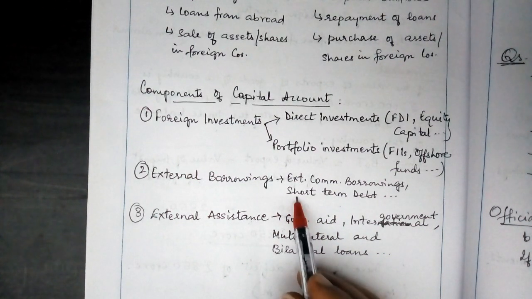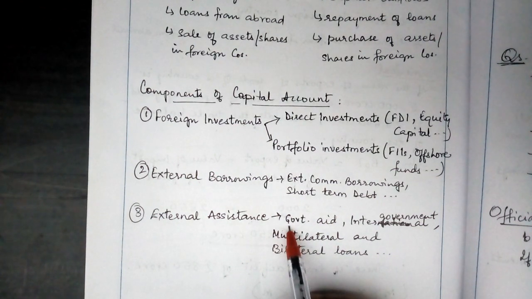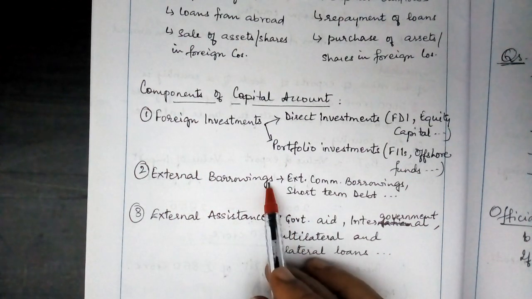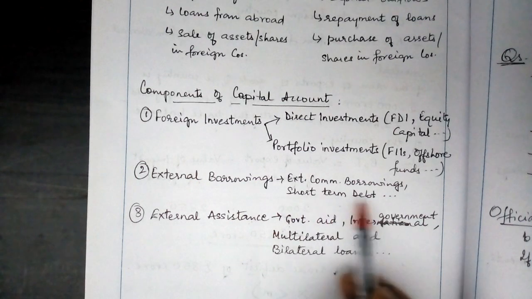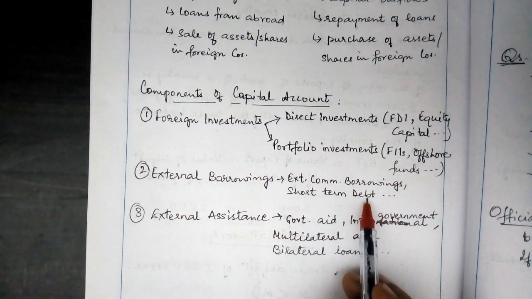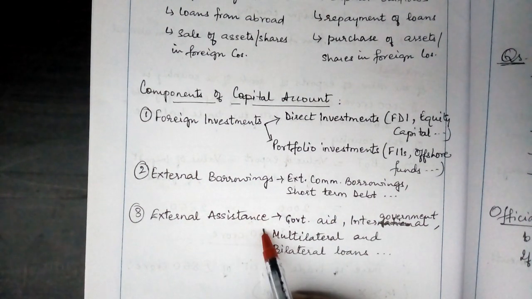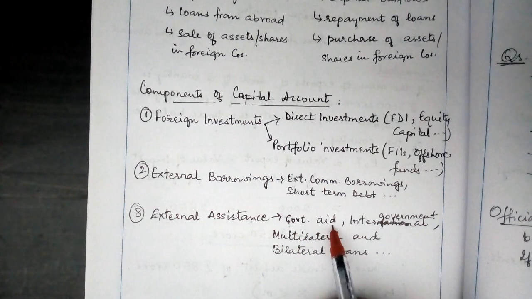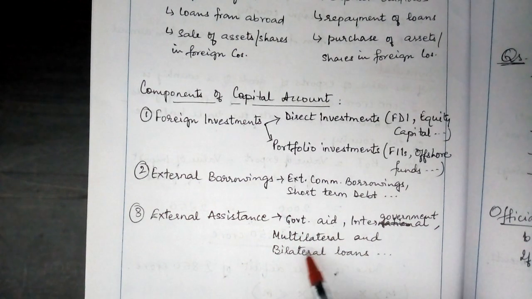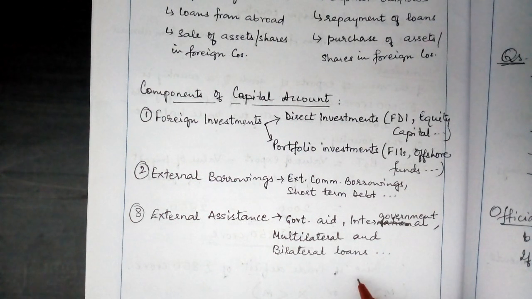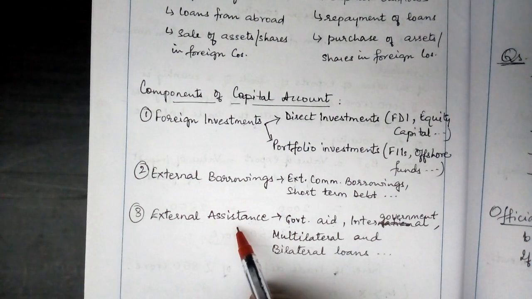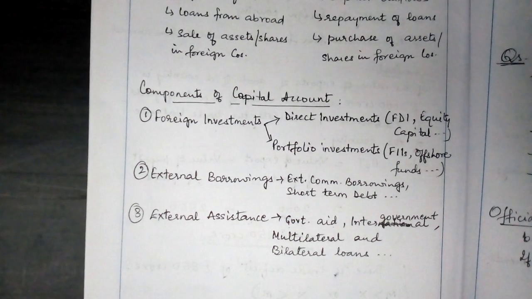External borrowings include external commercial borrowings, short-term debt, etc. Whereas external assistance is government aid or inter-government aids, multilateral and bilateral loans. These are called as the external assistance.